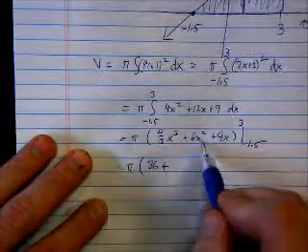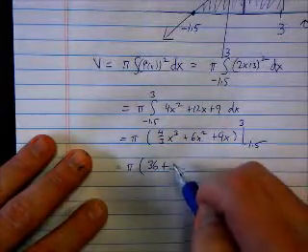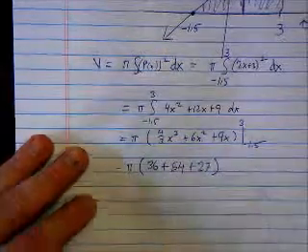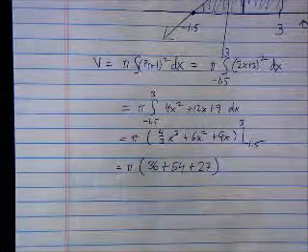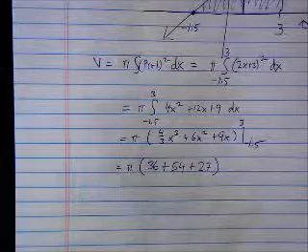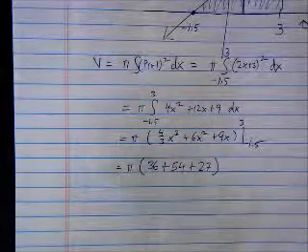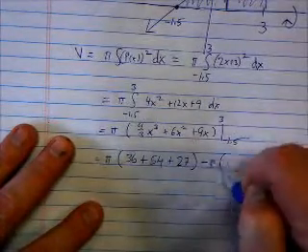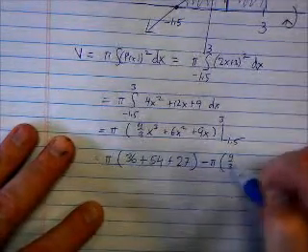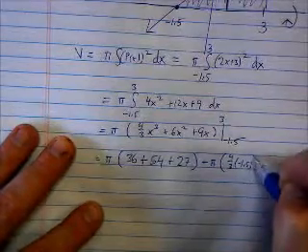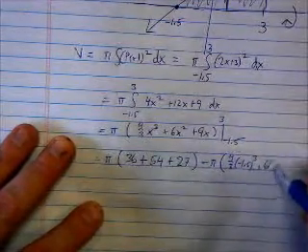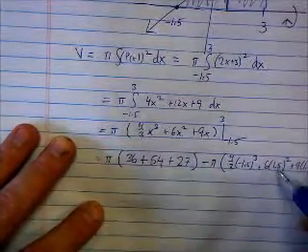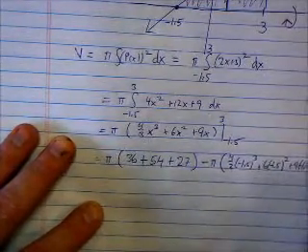Plus, 3 squared is 9, 9 times 6 is 54. Plus 9 times 3 is 27. So that's what I get when I plug in 3. And unfortunately, this time I don't get to just have the number 0. This time I really do need to plug in minus 1.5. So that's going to be minus pi times 4/3 times negative 1.5 cubed plus 6 times negative 1.5 squared plus 9 times negative 1.5.